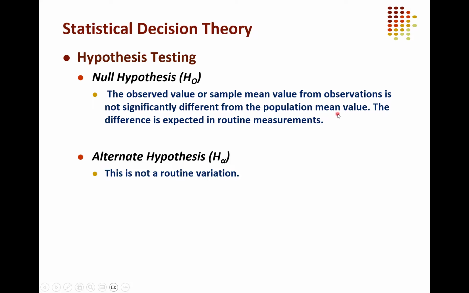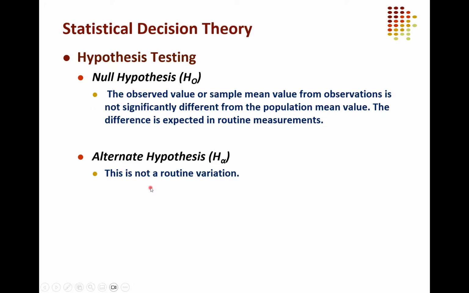Of course, this is going to be true if the sample mean value predicts the population mean within the confidence interval, and the difference is expected in routine measurements. So that is the null hypothesis, which means there is nothing to worry about. The process is operating as it was designed. And the alternate hypothesis, H subscript alpha.